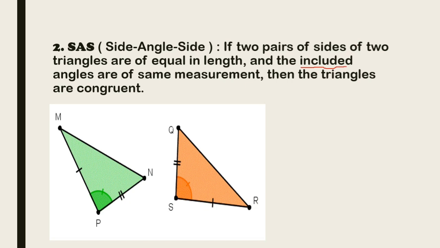It means that in this example we have triangle MNP and triangle QRS.